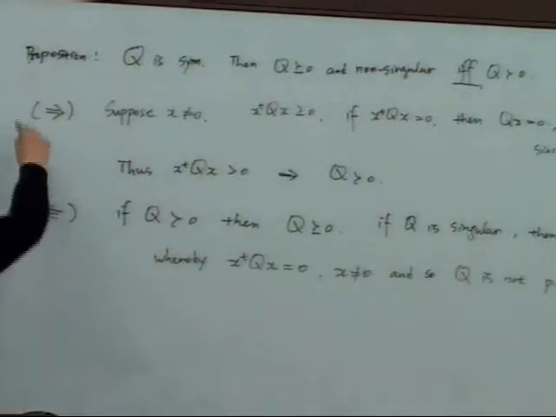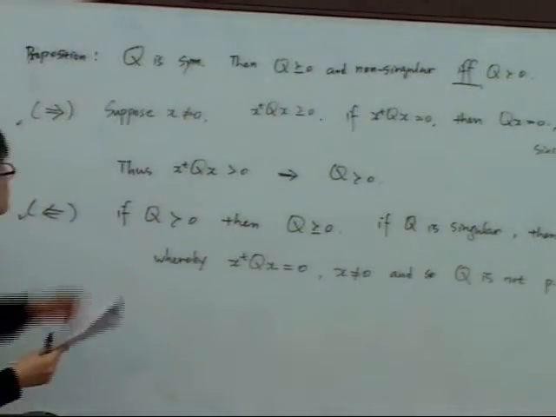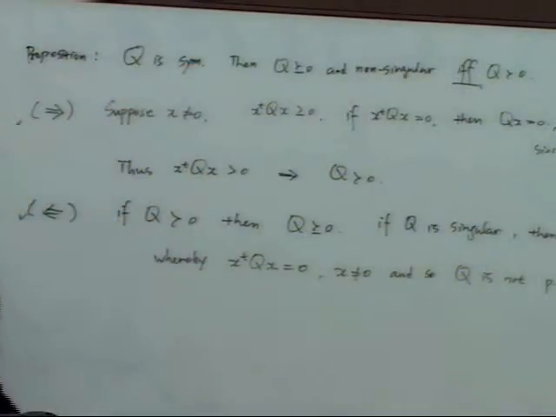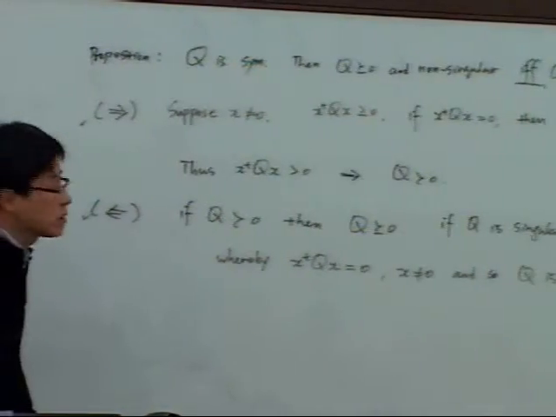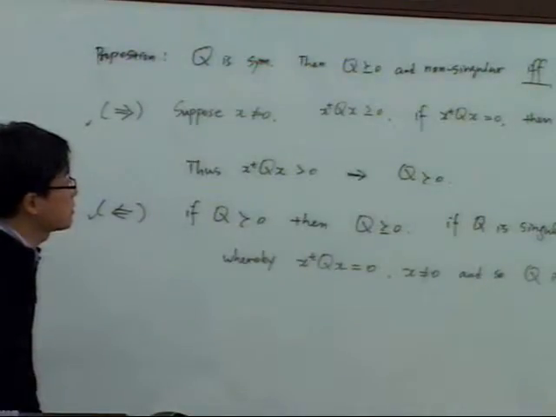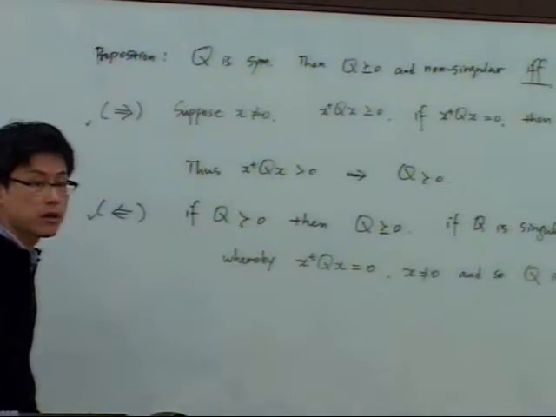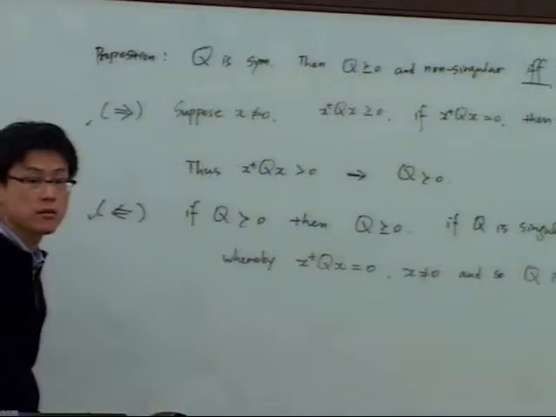So from these two, we just proved this: if Q is a symmetric matrix, then Q is positive semi-definite and non-singular if and only if Q is positive definite.